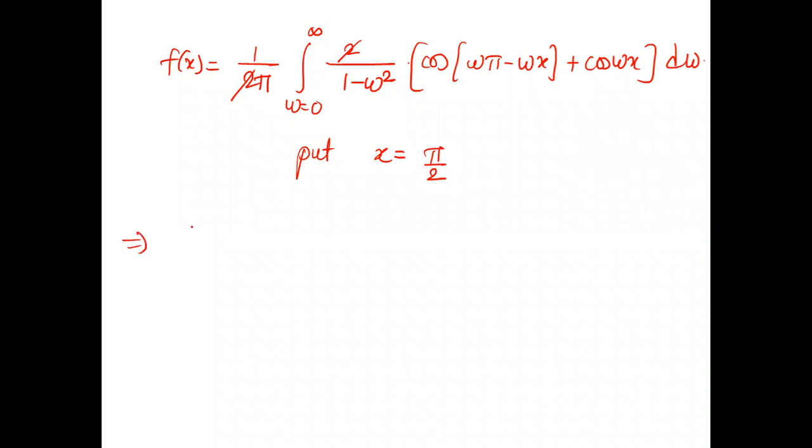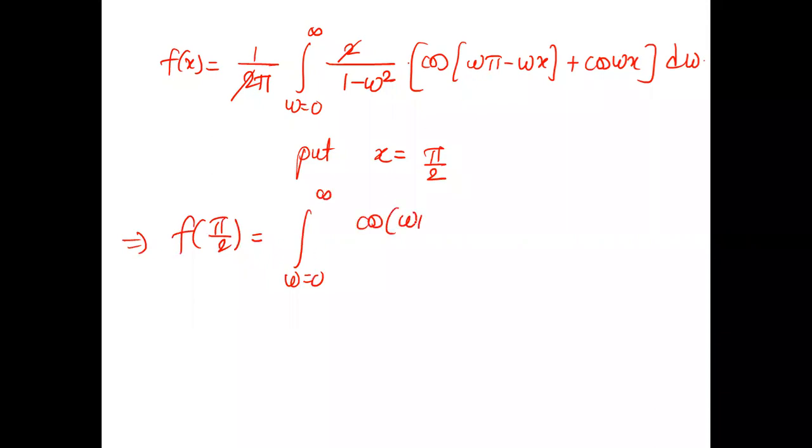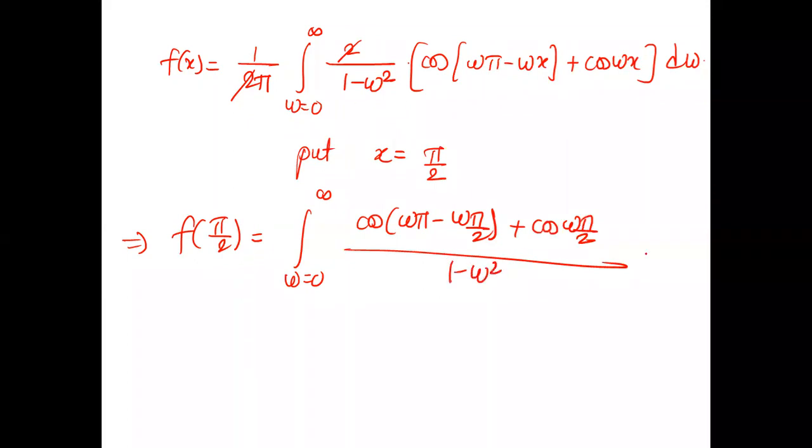This also, f of pi by 2 is the integration of cos omega pi minus omega pi by 2 plus cos omega pi by 2 upon 1 minus omega square d omega, times 1 upon pi, like that.